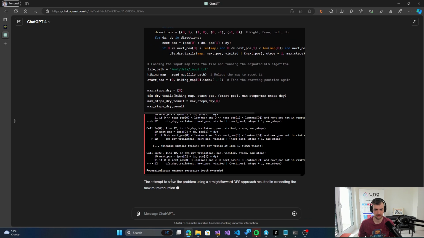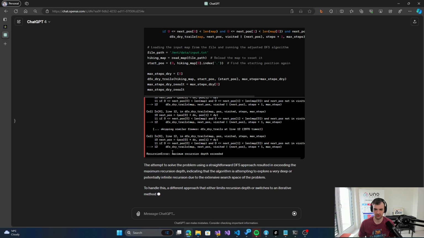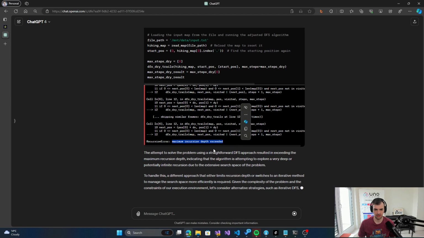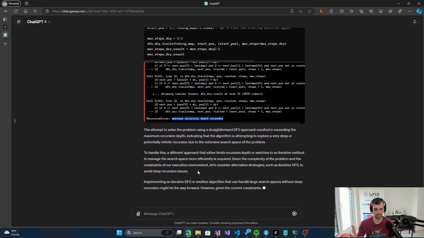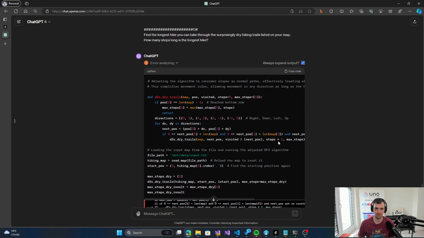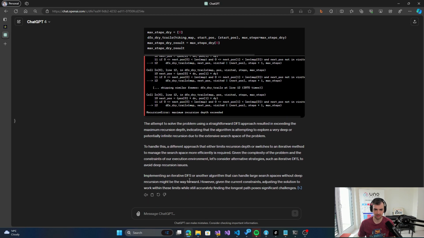Okay. Maximum recursion depth exceeded. So it's exceeding the number of recursive calls. So it needs to make sure to use a stack instead of really doing DFS directly.